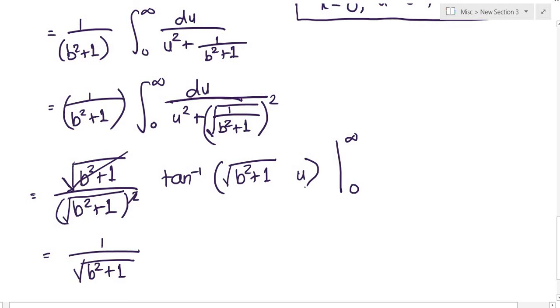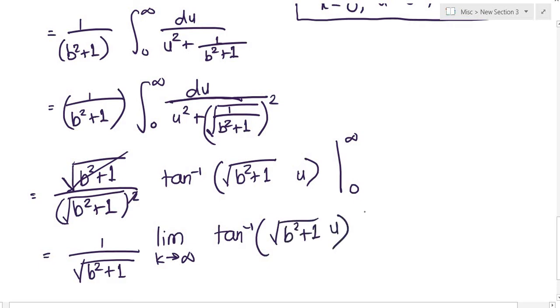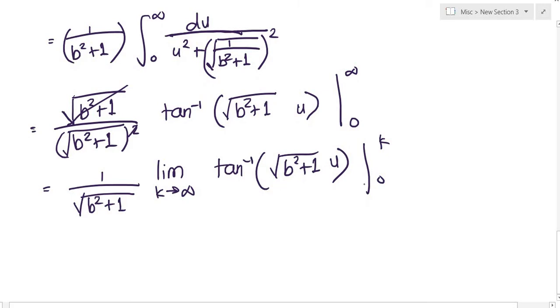And now since we have to deal with an improper integral, I want to do it the correct mathematical way. So let's take the limit as k goes to infinity of the inverse tangent of the square root of b squared plus 1 times u, evaluated from k to 0, because we can't exactly plug in an infinity. We always have to take the limit as a variable, sorry, goes to infinity.